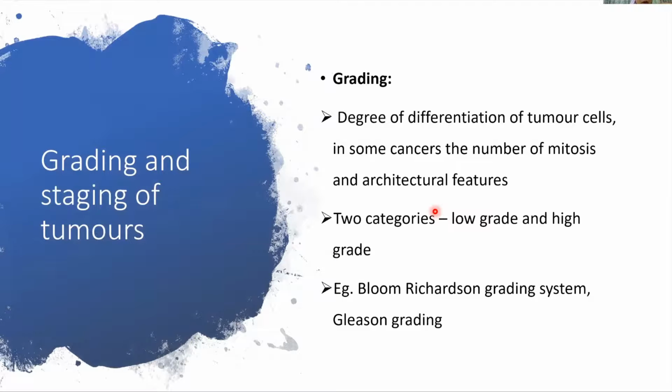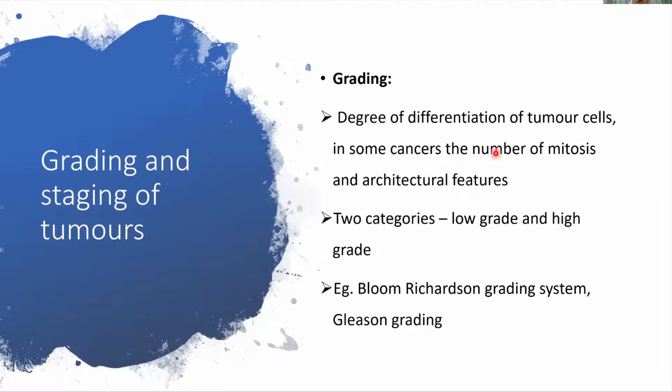And then the last one, how we grade and stage a tumor. You need to know the difference between grading and staging. Grading is histology or morphology features. Staging is histology plus the clinical features. Grading looks at the degree of differentiation of tumor cells in some cancers, the number of mitoses, and architectural features.